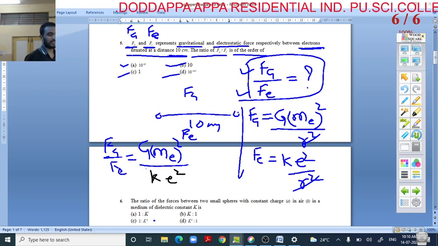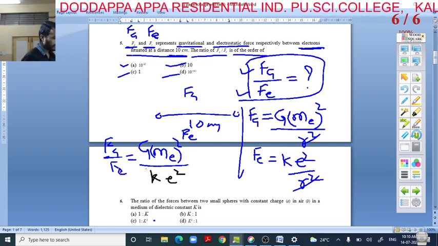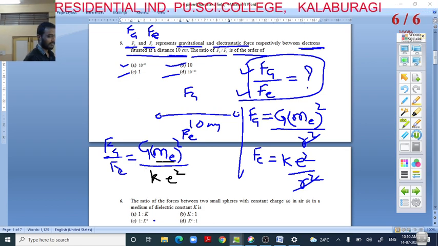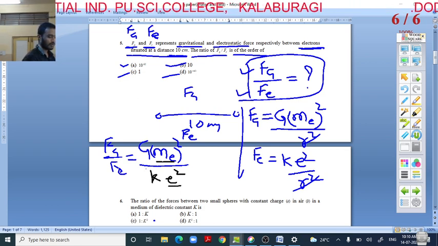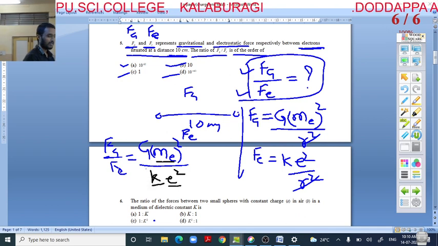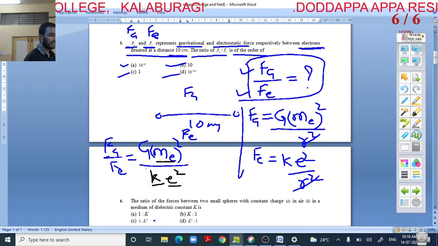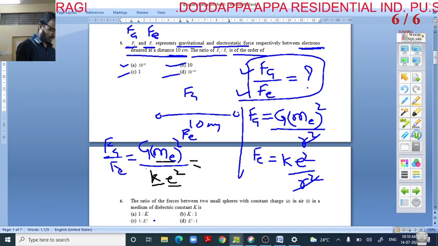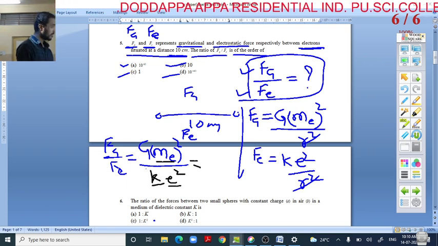Just to substitute the values, all are standard values: mass of electron and charge of electron we know, k value also standard, and the capital G also standard. Just to solve it by simplifying, I will write the answer for you.